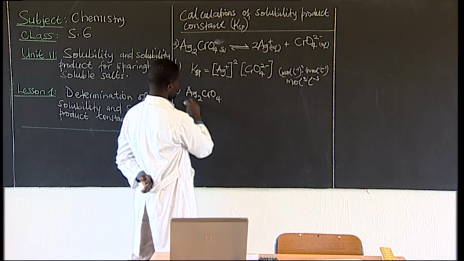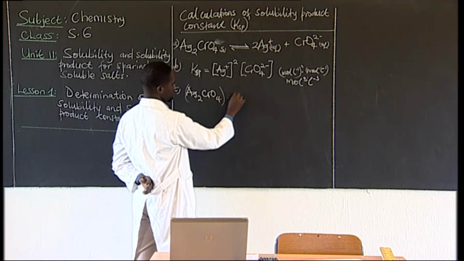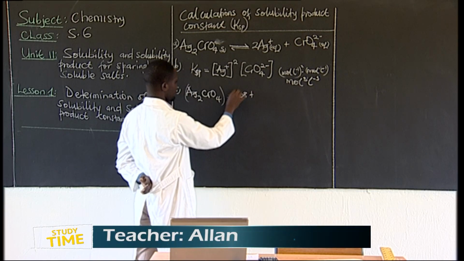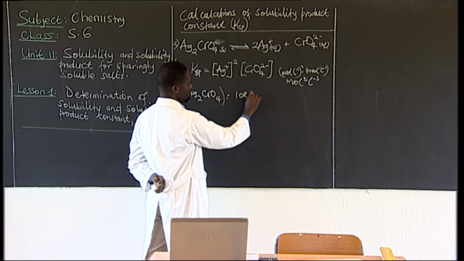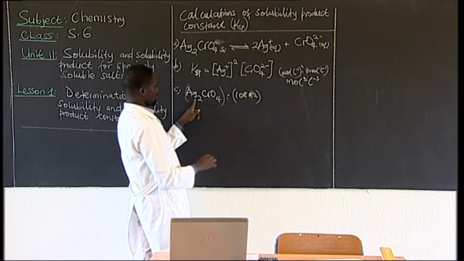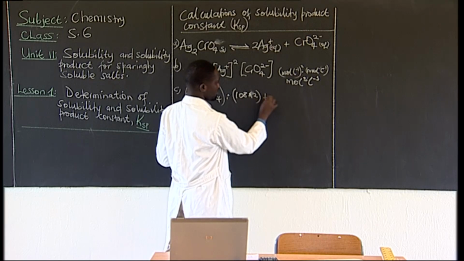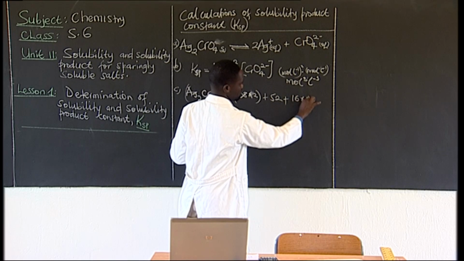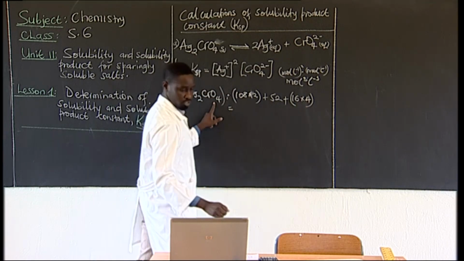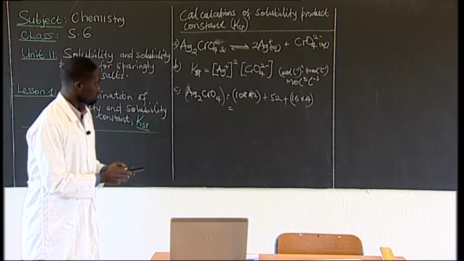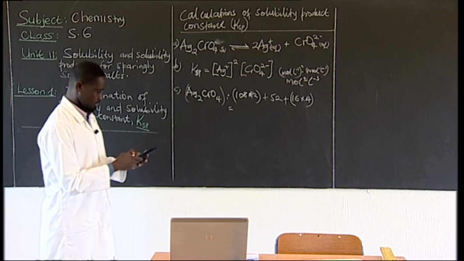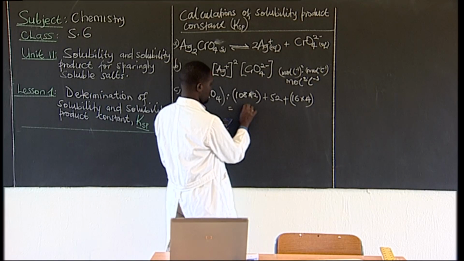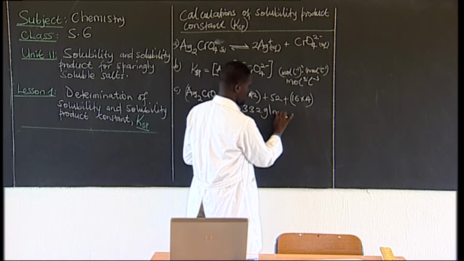Silver chromate, its molecular mass will be 108 plus, we multiply by 2 because it has a 2, plus chromium, which is 52, plus oxygen 16 times 4. With your calculator, very fast, 52 plus 64. You get 332 grams per mole.